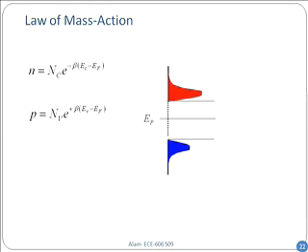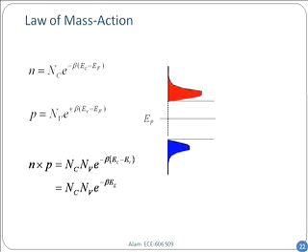And correspondingly for the holes, p, I have NV, the effective density of state sitting in the valence band, and again the probability that a hole is found. You can see the change in sign. In one case a minus, in another case a plus, because one says occupied by electrons, and the other says not occupied by electrons. Now, if I multiply, that gives me a very strange relationship, because when I multiply n with p, you can immediately see that the EF disappears. You see that?